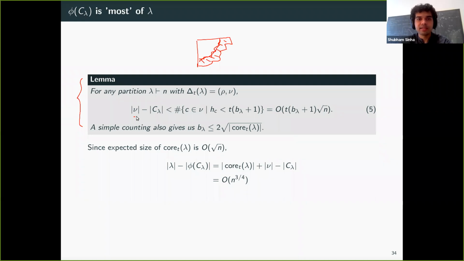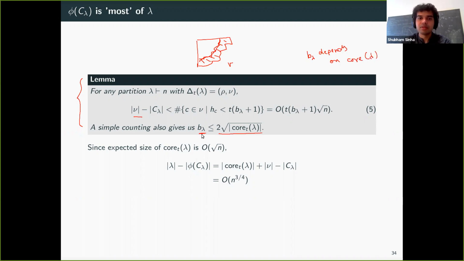This is nu, by the way. So nu minus C lambda will be of order t times (B lambda plus 1) times root n. And in a simple count, B lambda depends only on the core.